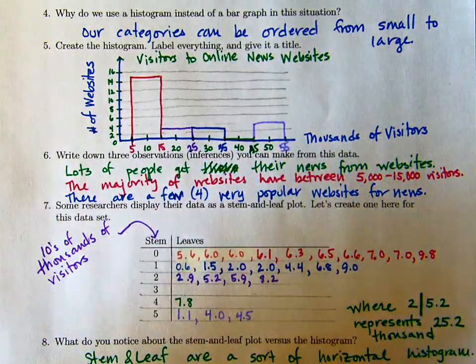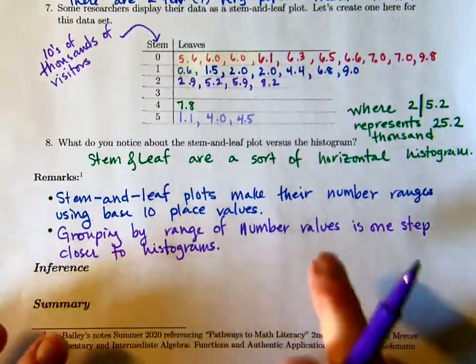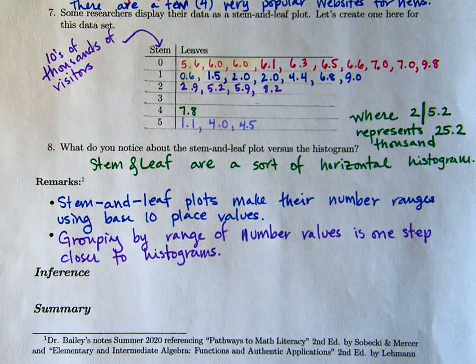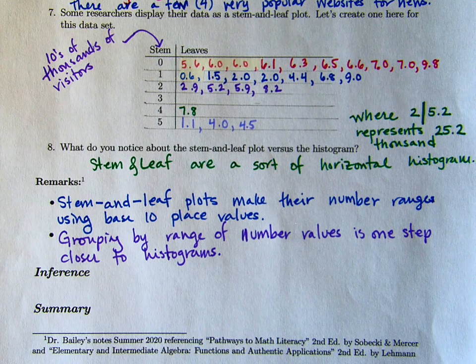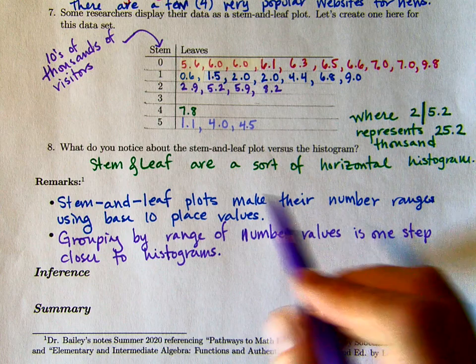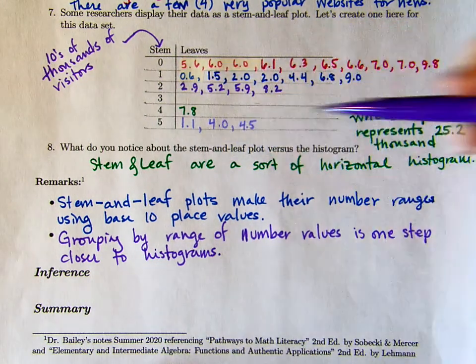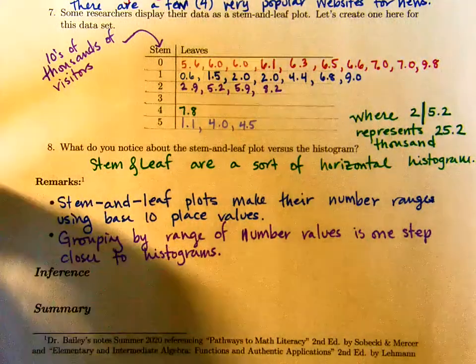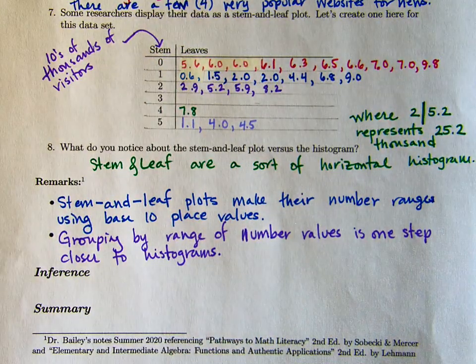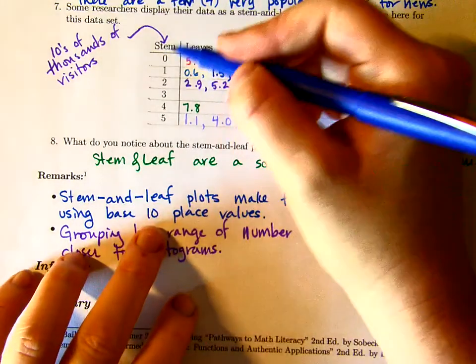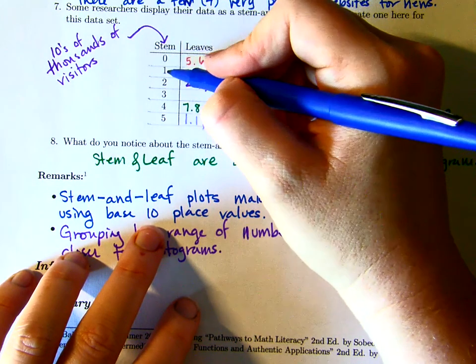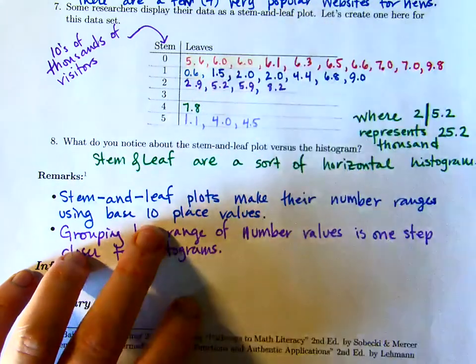So the histogram gives us flexibility with our number ranges, whereas with the stem and leaf it would be trickier to do. You could change the number ranges, but it's very convenient to do it with base 10. I'll put a little star next to this and say you could create stems that go maybe 5, 10, 15, 20, and then tack on something.